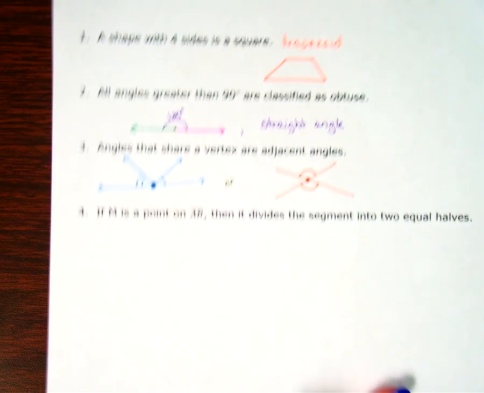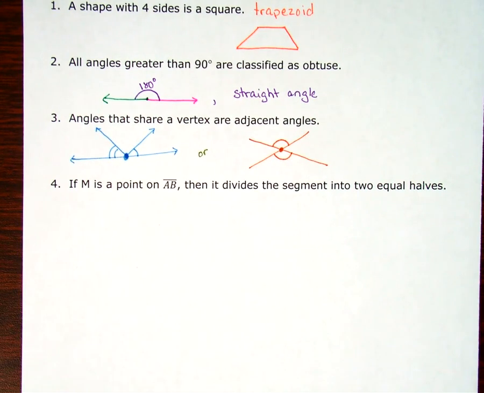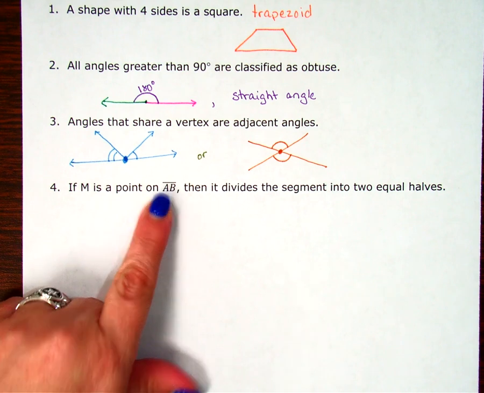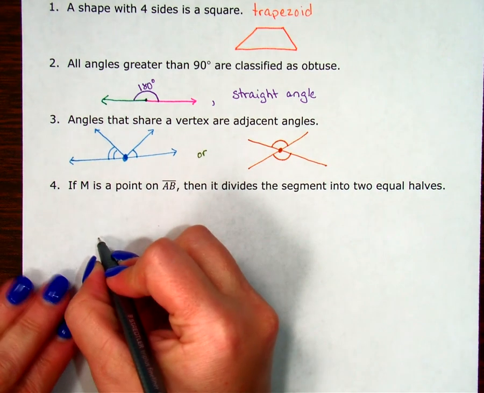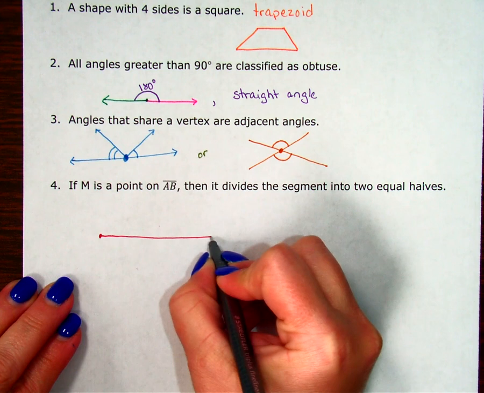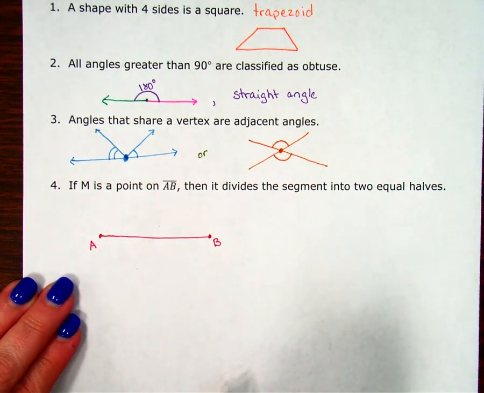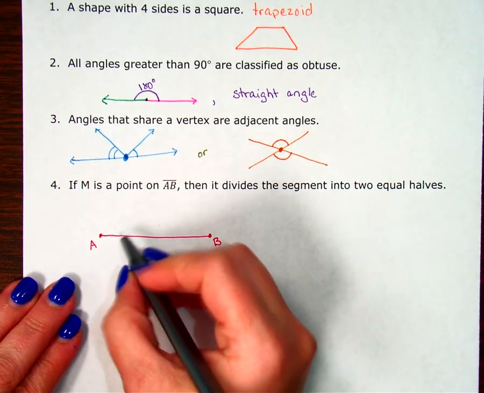All right, and then the last one here: if M is a point on segment AB, then it divides the segment into 2 equal halves. Well, I'm just going to draw that picture. Segment AB, M is a point on it. I'm just going to put M way over here.